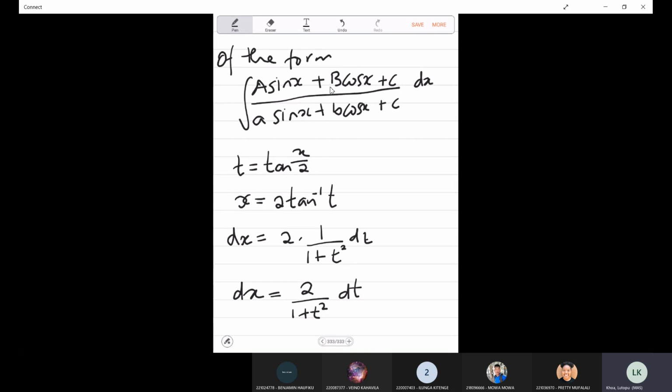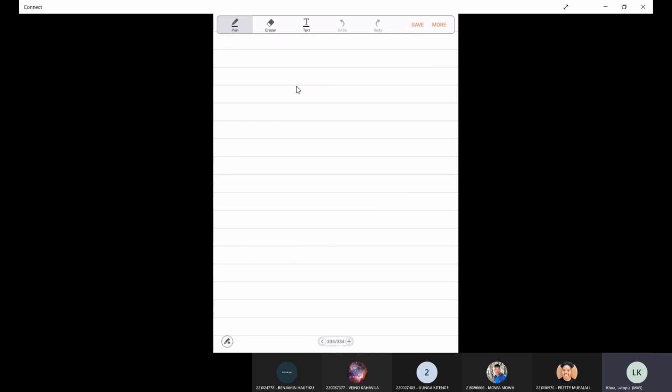And then after we've integrated it in terms of t, we have to go back and substitute t in terms of x, because the question was in terms of x. We used the t substitution, so we need to leave our answer in terms of x again. So let's look at some of the examples.